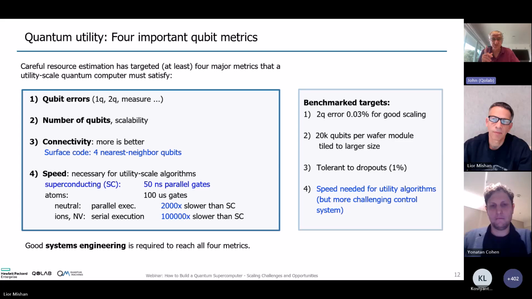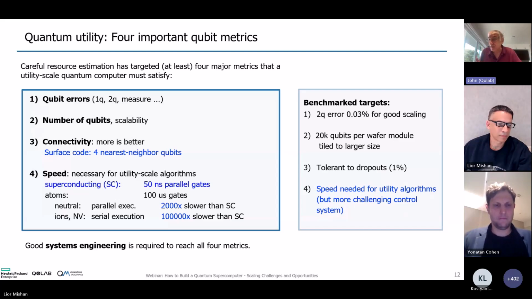But the important one I want to emphasize here is speed. For superconducting qubits, 50 nanosecond gates operate in parallel. That's the speed you need to run realistic algorithms, and that's in the paper and will be talked about later. You really need speed to run useful algorithms. For example, with neutral atoms or ions, it takes about 100 microseconds to move them.